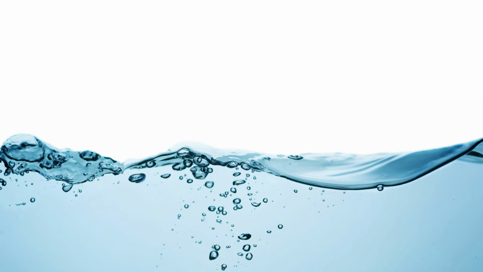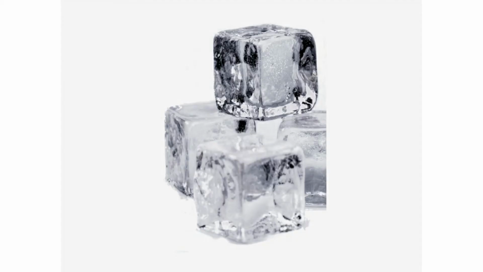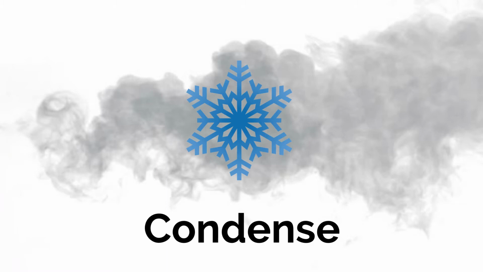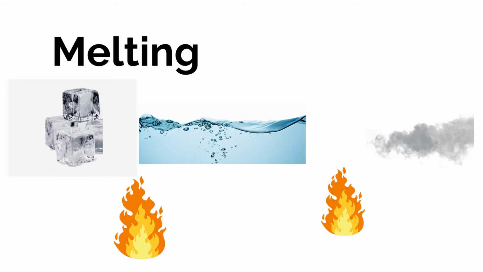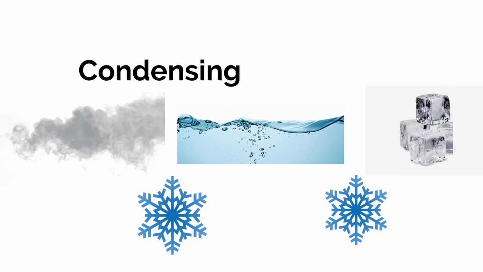And then I said, if you would cool down water, it would freeze and turn into ice. And then lastly, if you took steam and cooled it down, it would condense into water. Alright, so just to recap, ice to water is melting, water to steam is boiling, steam to water is condensing, and water to ice is freezing.